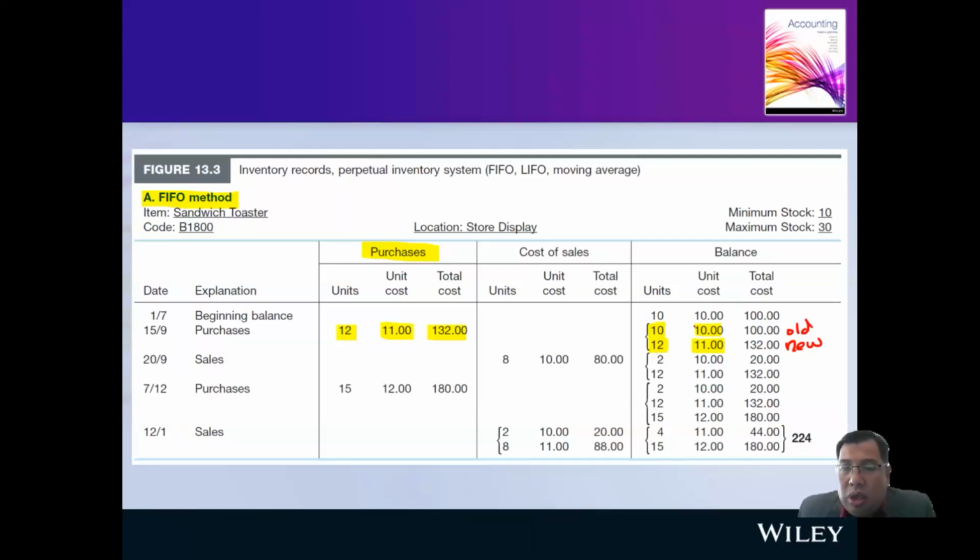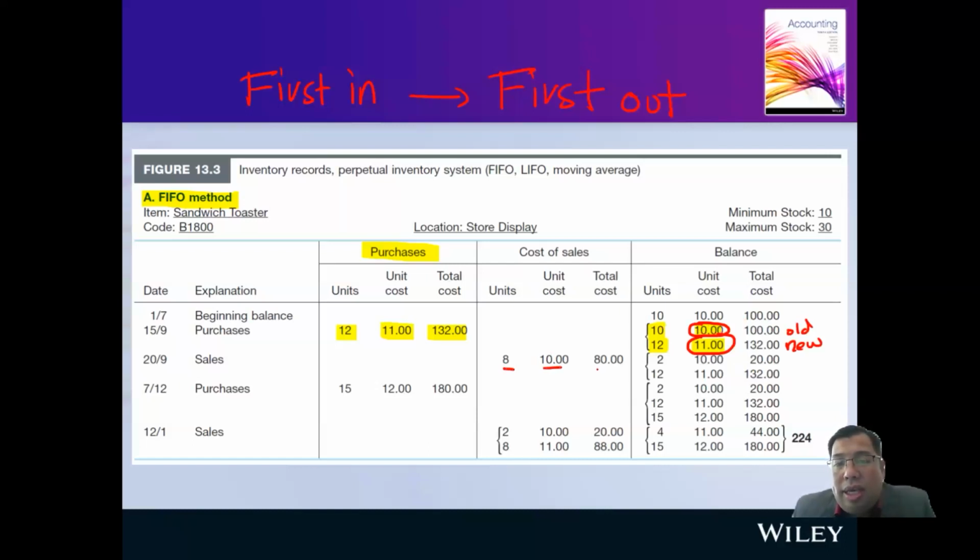Because you have two types here, two prices, $10 and $11. Since we are using first in, first out, certainly the first in will be the old one. So I'm selling the $10 stock. 8 units multiplied by 10.